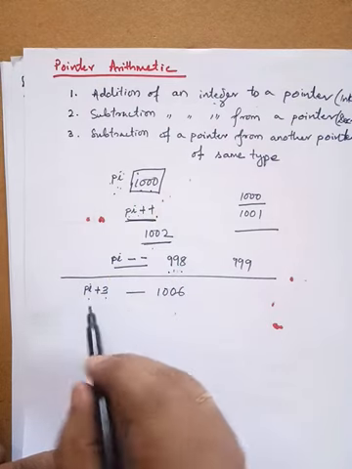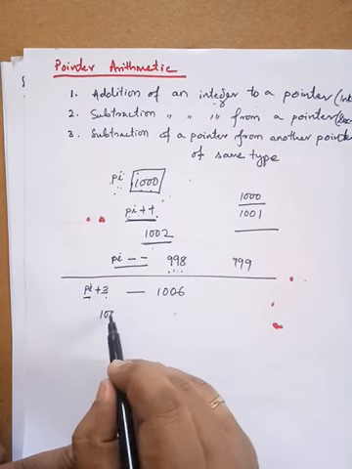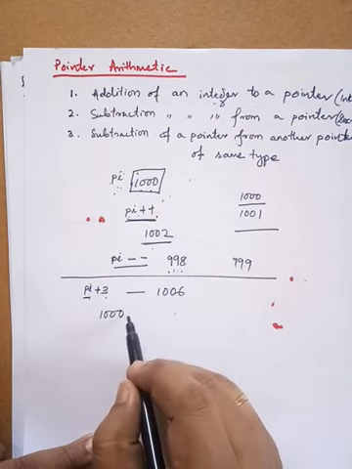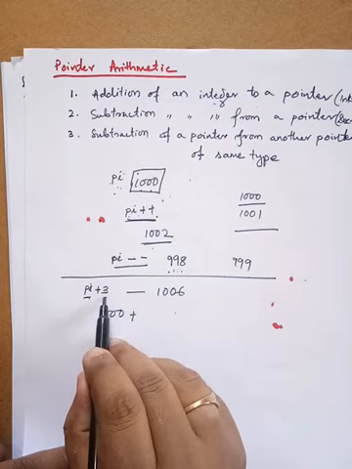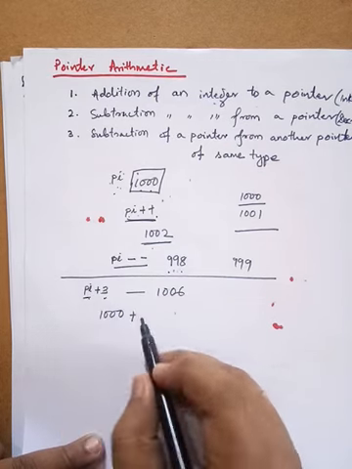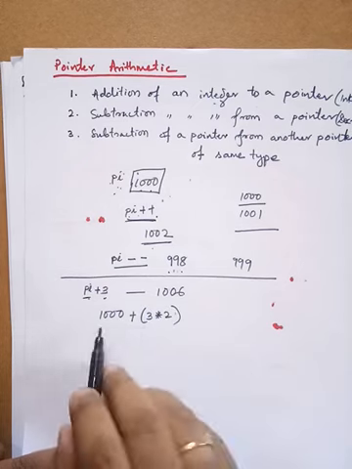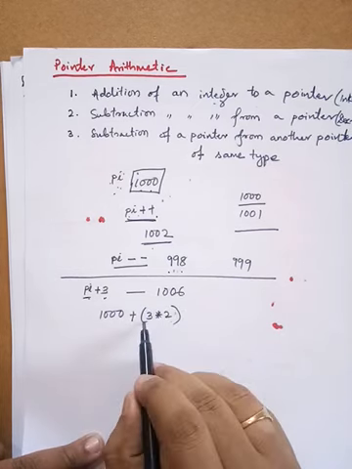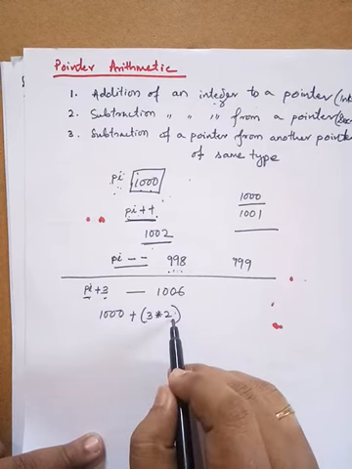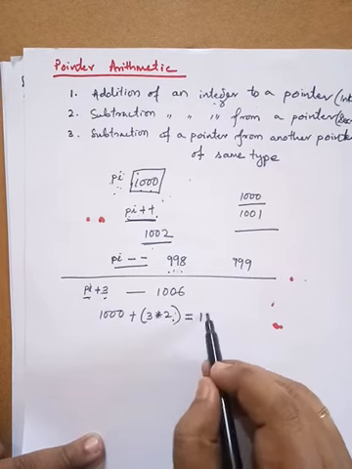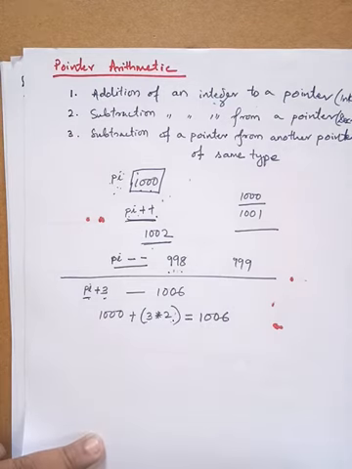Suppose pi holds the address 1000 and we are adding 3, then 3 into 2, since the size of integer is 2, it will automatically increment by 6, so the output will be 1006 and it will point to the address location 1006.